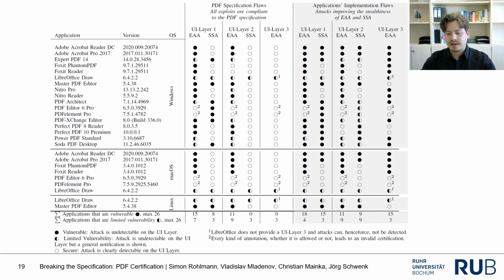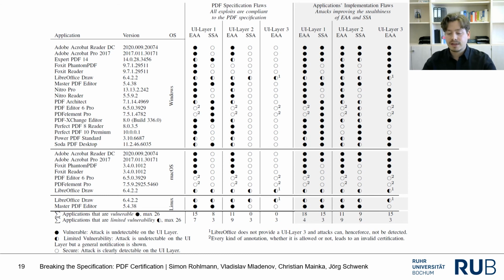We categorize them by the UI layers 1, 2, and 3. And a full circle means the attack is undetectable on the UI layer. A semi-circle means the attack is undetectable on the UI layer, but a general notification is shown. An empty circle means the attack is clearly detectable on the UI layer. As you can see, the application flaws help to increase the number of vulnerable applications.